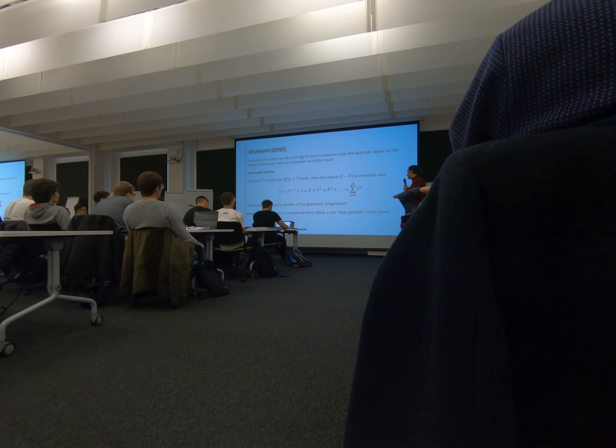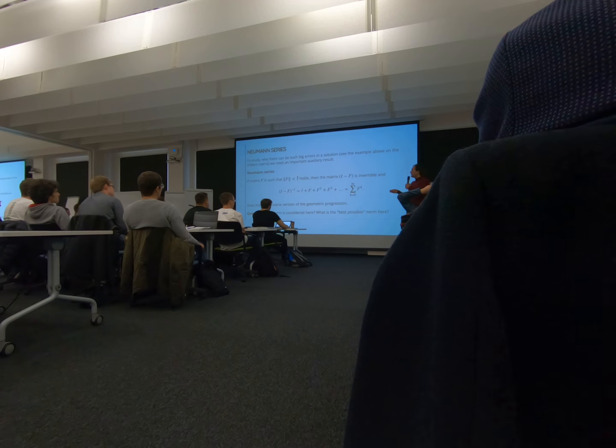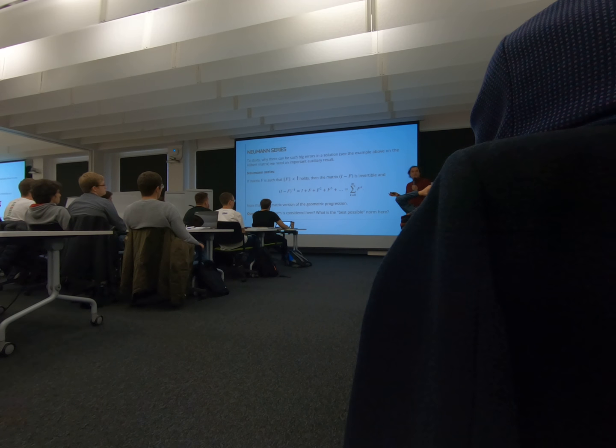This is actually a very difficult question. I don't think many of you know the answer. What's the best possible norm? Because we can take the Frobenius norm, but the Frobenius norm is always larger than the 2 norm. But what's the best possible norm here? Like the minimum. What do you think?